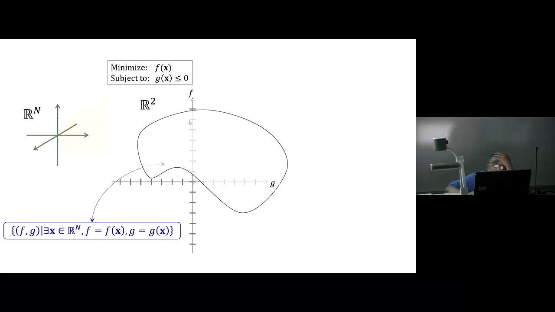Take any x, find f of x and g of x, and you get this corresponding point here. This is the image of x, (f of x, g of x), and this point will always lie somewhere in this blue shaded region. Now, special cases would be, we're looking for the minimum, so it could be unbounded in this direction. It could go towards infinity or whatever, we don't care, but this is just an illustration.